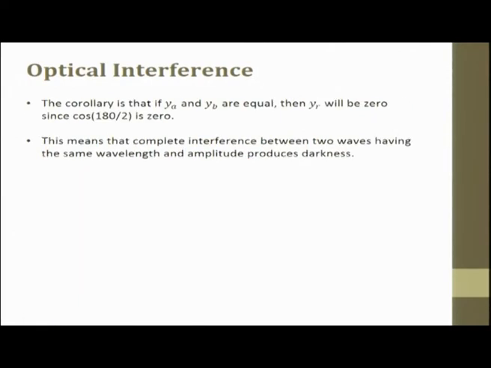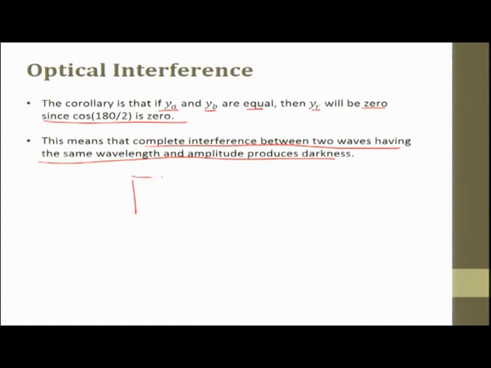A corollary is that if YA and YB are equal, then YR will be 0 since cos 180 by 2 is 0. This means that complete interference between the two waves having the same wavelength and amplitude produces darkness.